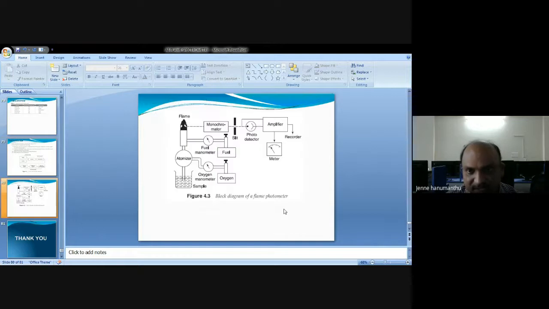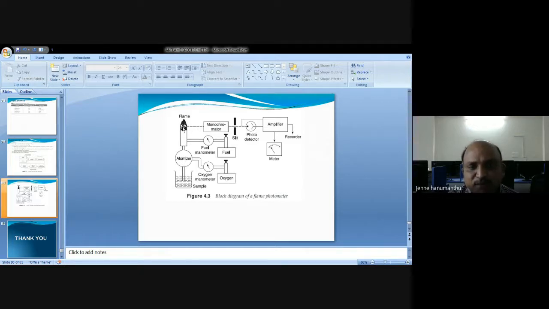See the other diagram, which has a sample. That sample is taken into the atomizer. To the atomizer we are mixing some oxygen gas, so the sample and the oxygen gas are mixed here. It is vaporized, and the vaporized solution is given to the flame.